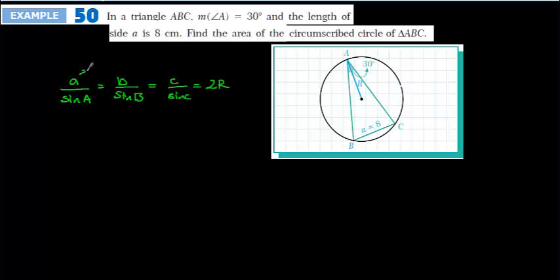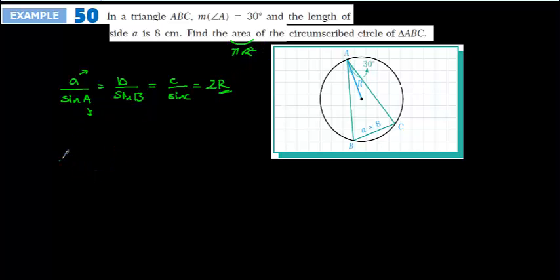Here a is given and angle A is given, that's 30 degrees. To find the radius, because for the area the formula is pi r squared.